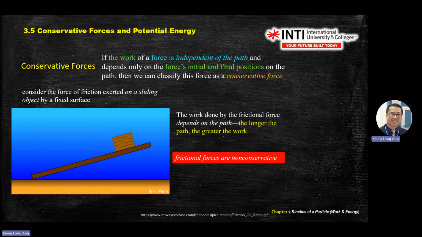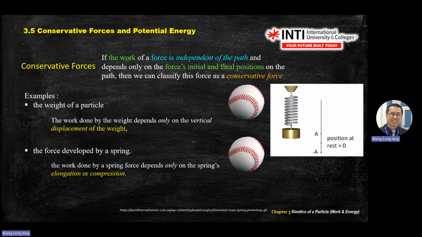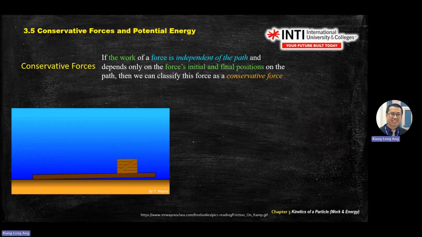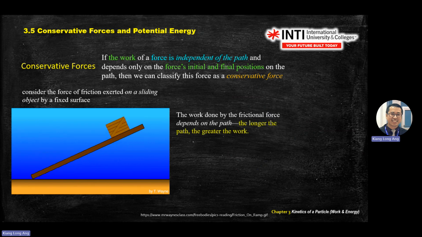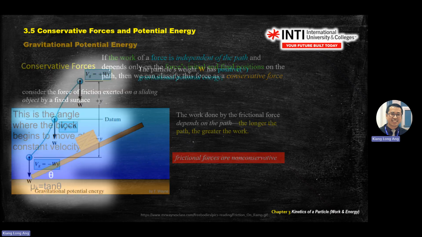The longer it travels, the longer the friction. I go back to the previous two. Weight is constant because it can be preserved. Work done by the weight is force multiplied by the distance, right? But the friction depends on the path. So friction is not conservative.